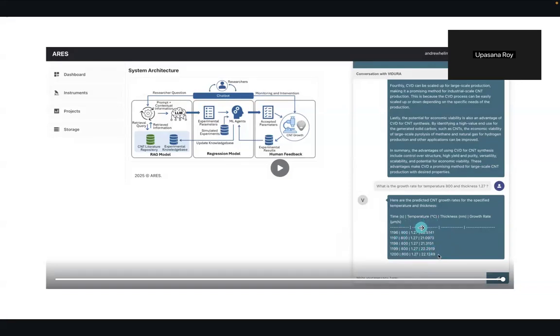If yes, then I will go ahead and do this experiment and actually grow the CNTs. Then the real experimental results can easily be compared with the chatbot's results, and he or she can use human feedback to put it back into our experimental knowledge base. That is what the third part of our work deals with, the incorporation of human feedback.